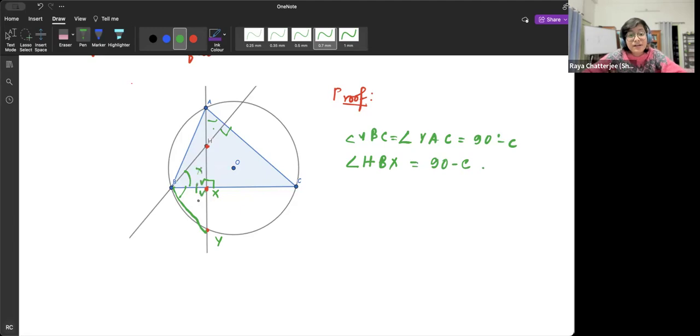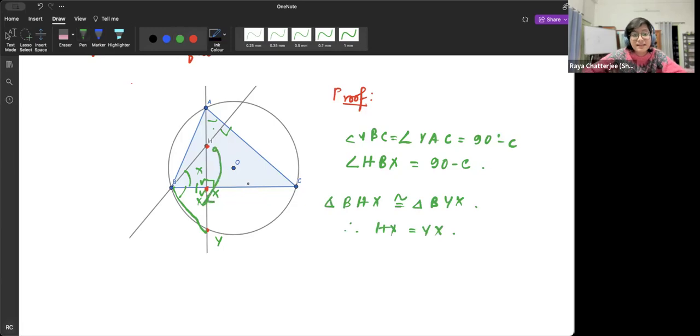So we have triangle BHX congruent to triangle BYX. Therefore, HX equals YX. And therefore, the reflection of the orthocenter H across the side BC lies on the circumcircle of ABC.